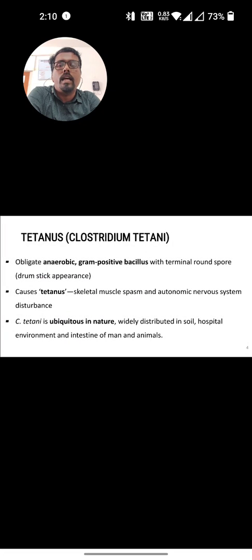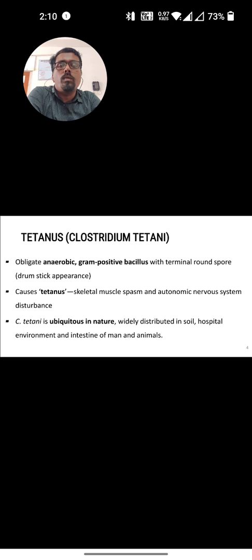Coming to the topic, tetanus is an infection produced by Clostridium tetani, which belongs to the gram-positive spore-bearing group of bacteria. It is an obligate anaerobic bacteria which requires strict anaerobic conditions to grow. In morphology, the bacteria possess terminal round spores which resemble a drumstick in nature.